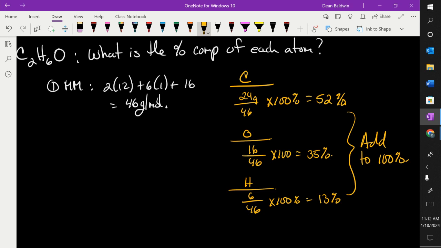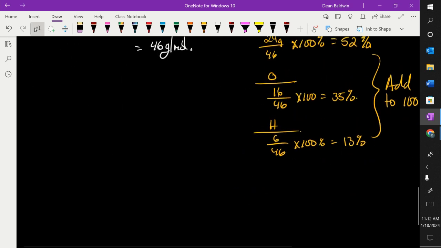What if we do the reverse? So I give you the percentages. You got to figure out the empirical formula. So let's go back here.